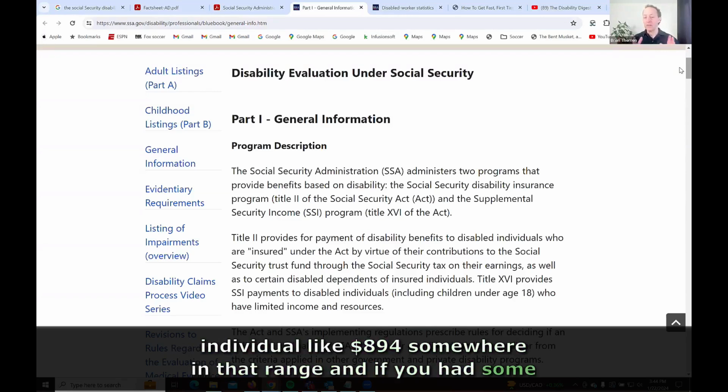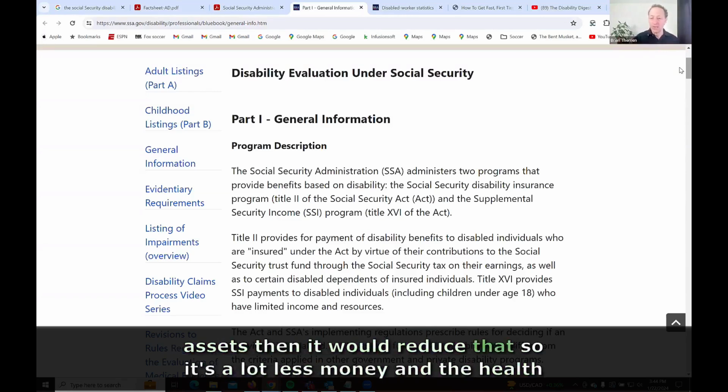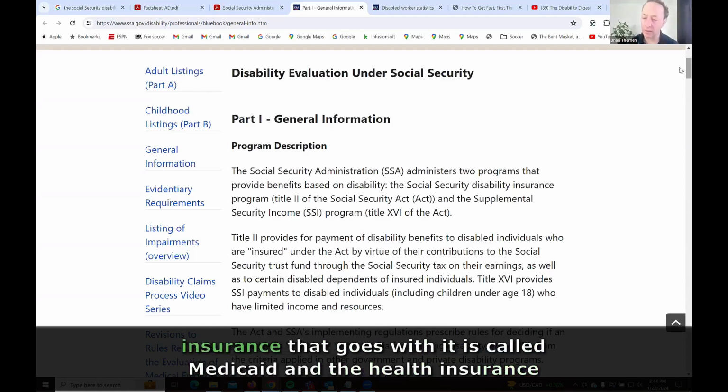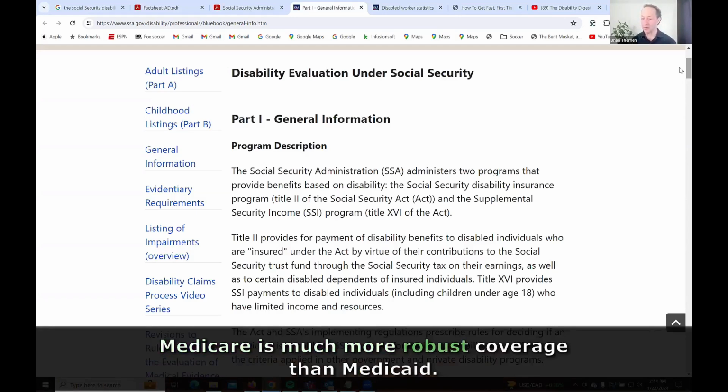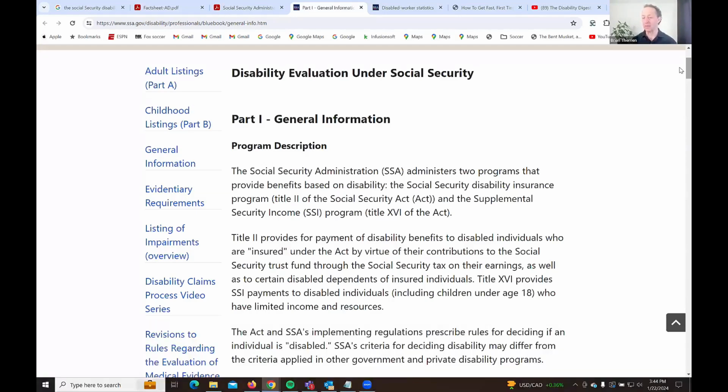And if you had some assets, then it would reduce that. So it's a lot less money. And the health insurance that goes with it is called Medicaid. And the health insurance that is associated with Social Security disability is Medicare. Medicare is much more robust coverage than Medicaid.